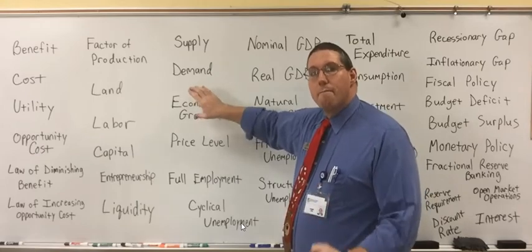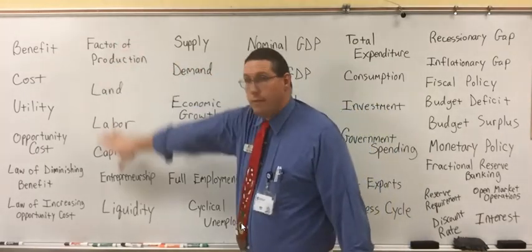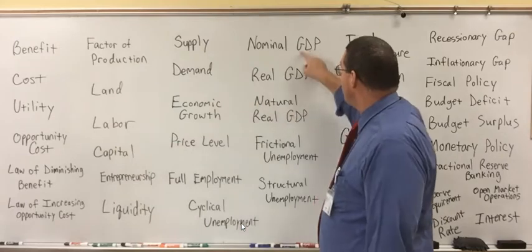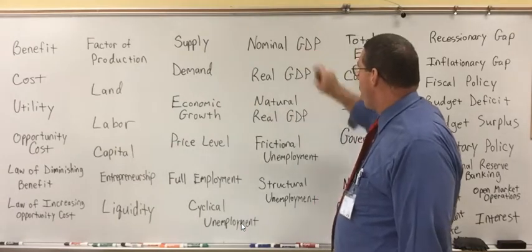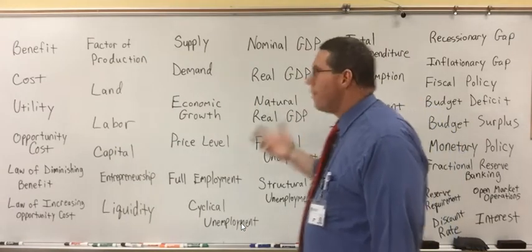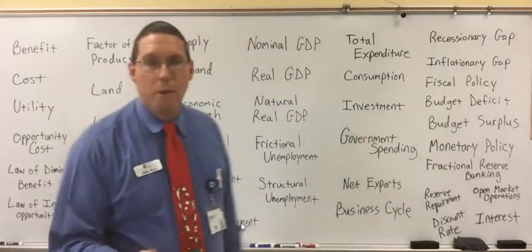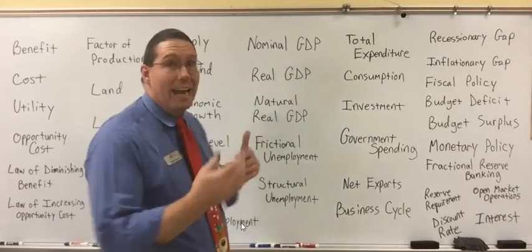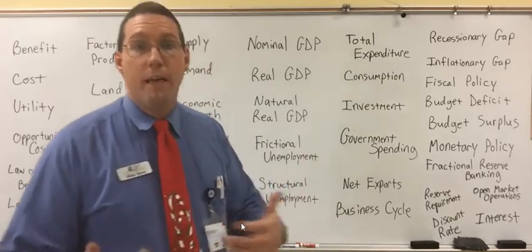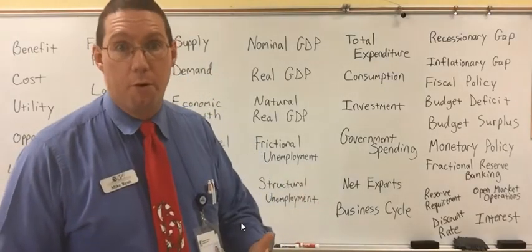Well, we have a way of measuring the production in the economy, and that's called GDP, gross domestic product. But when we try to measure GDP, the way we measure GDP is by adding up all the money that was spent on the stuff that we produced.